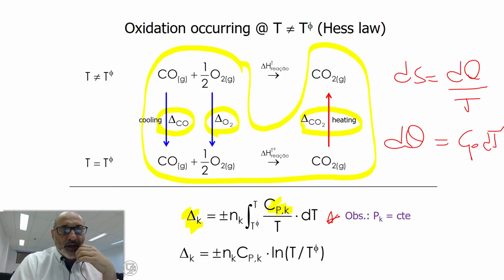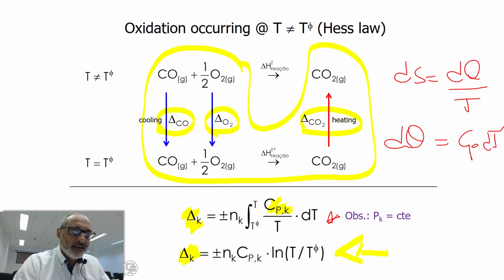So that's what we are using here. We're making all the calculations in a very analogous way, and we get these formulas here. The entropy variations associated with cooling and heating, we get this formula here. Ln of T over T phi is the result when I perform this integral.